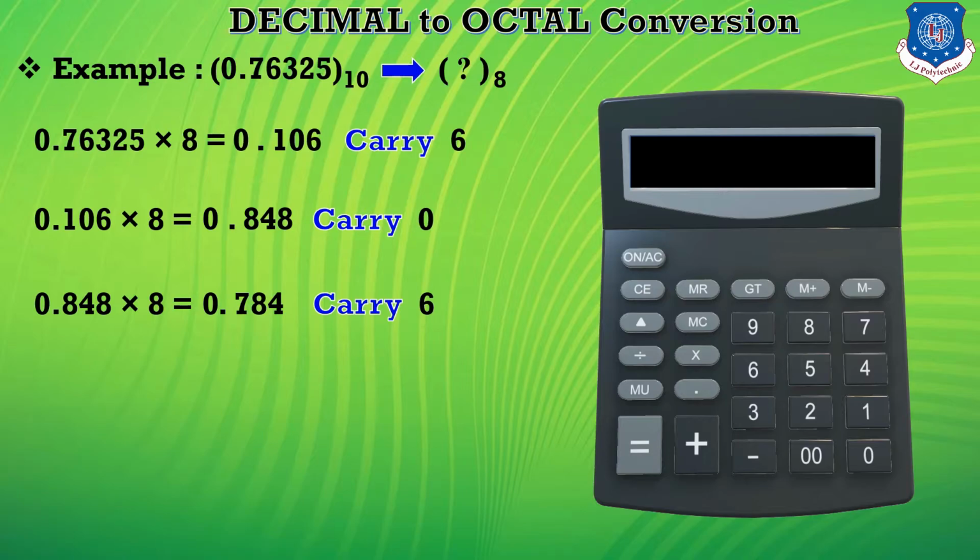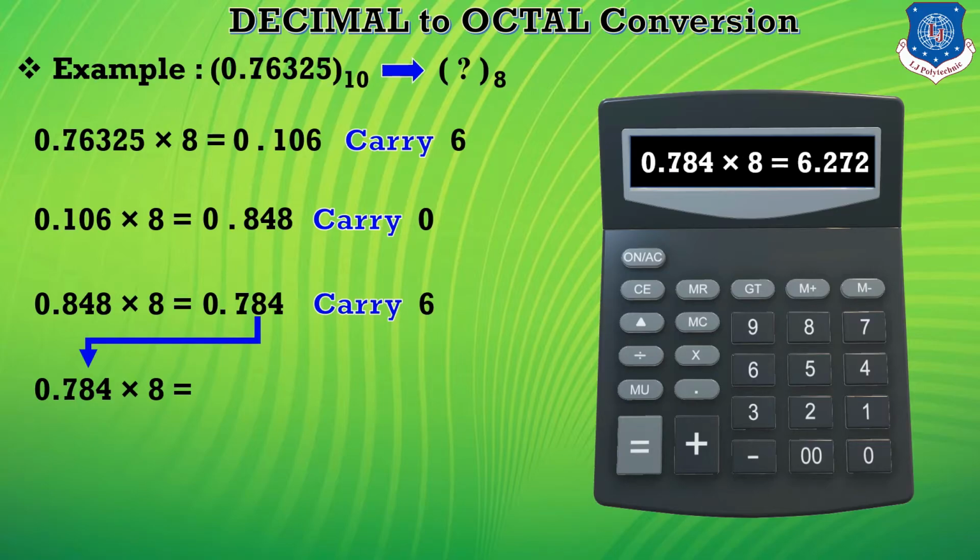Now again in the next step, this 0.784 is multiplied with 8. Then we will get the answer 6.272. Amongst this 6.272, we consider 6 as a carry.